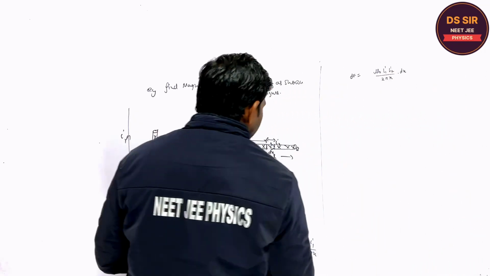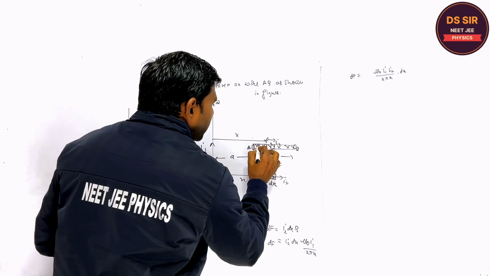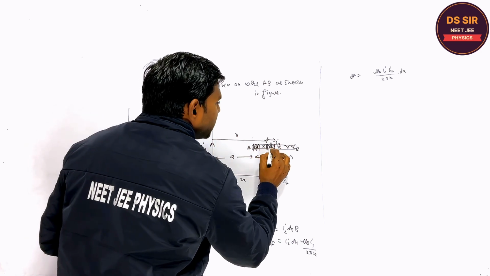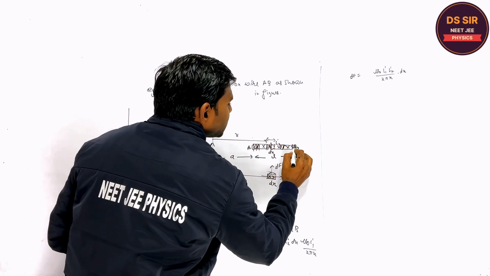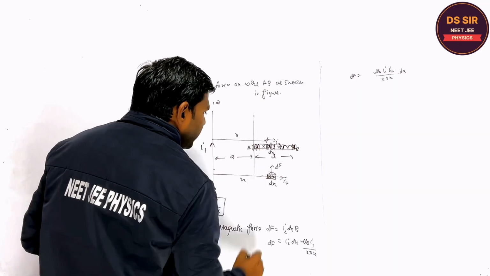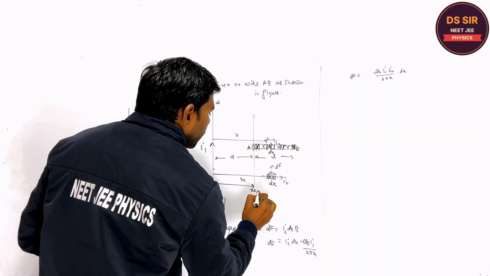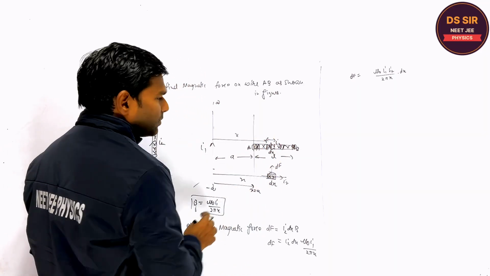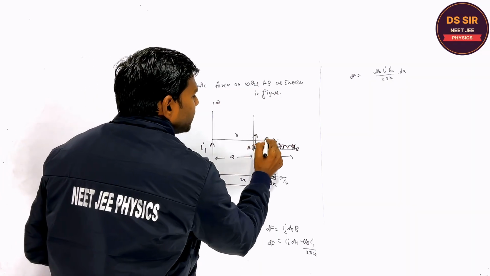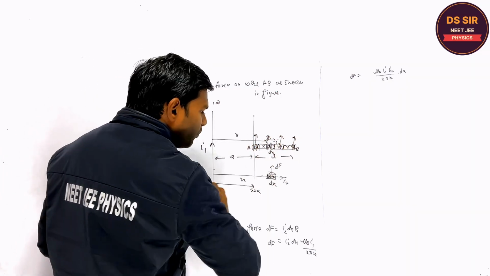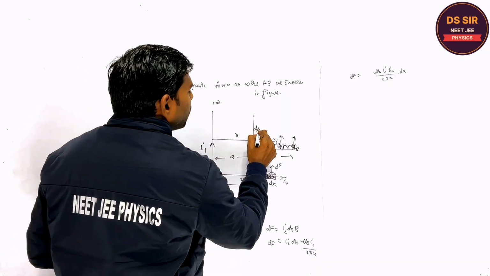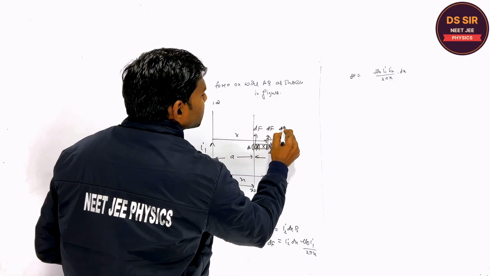So there are so many elements: this is the element, this is the element, this is the element. The elements start from x equal to a. This is the element dF vector, dF vector, dF vector. So we have to add all the dF. These are the dF forces.